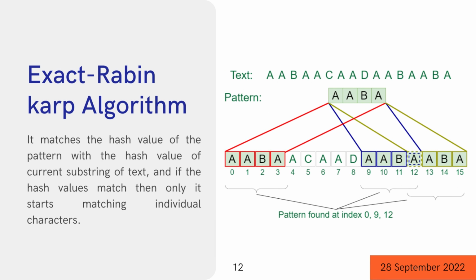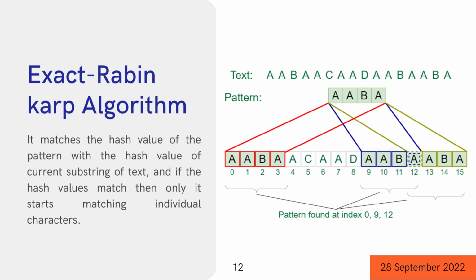So the exact Rabin-Karp algorithm matches the hash value of the pattern with the hash value of the current substring of text. If the hash values match, then only does it start matching individual characters, otherwise not.